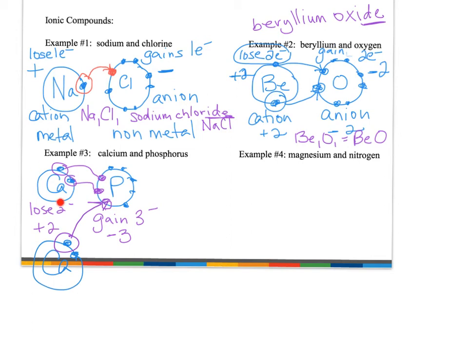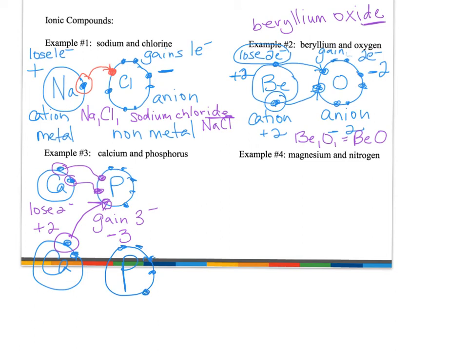So this first calcium atom is now stable, this phosphorus atom here is stable, but this second calcium atom now only has 1 electron in its valence shell. So I'm going to create another phosphorus atom to accept that 1 lone electron.